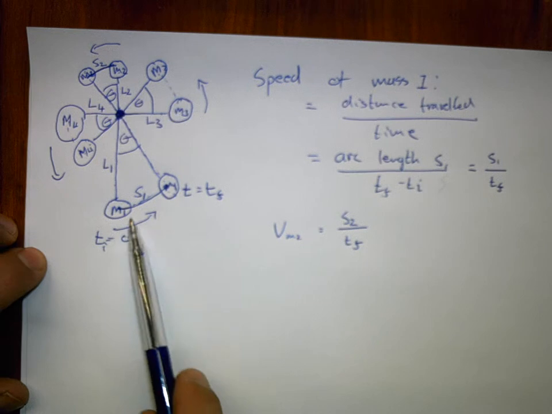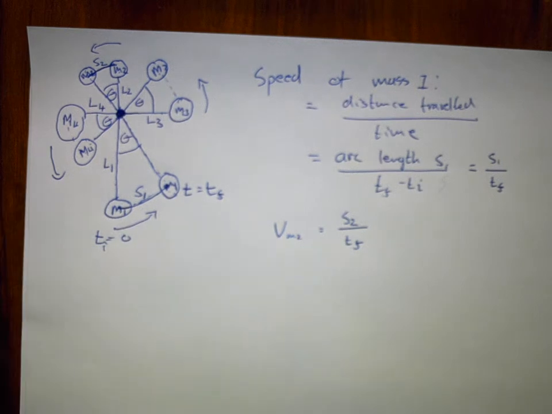You can go and measure this out with a little piece of string, but because as it's drawn here, this length L1 is greater than L2, that means the arc through which mass 1 travels is a longer distance than the arc through which the second mass travels.